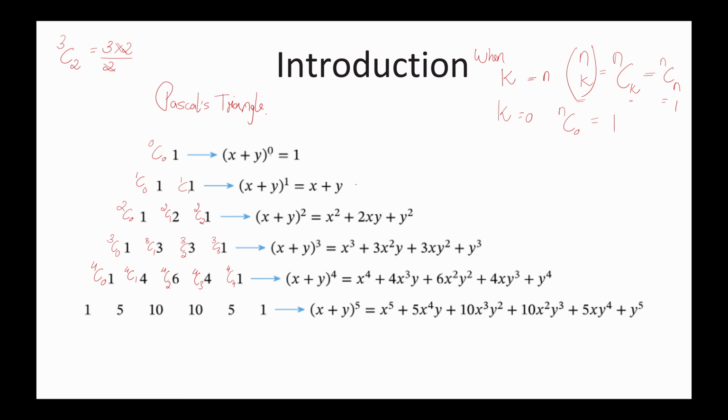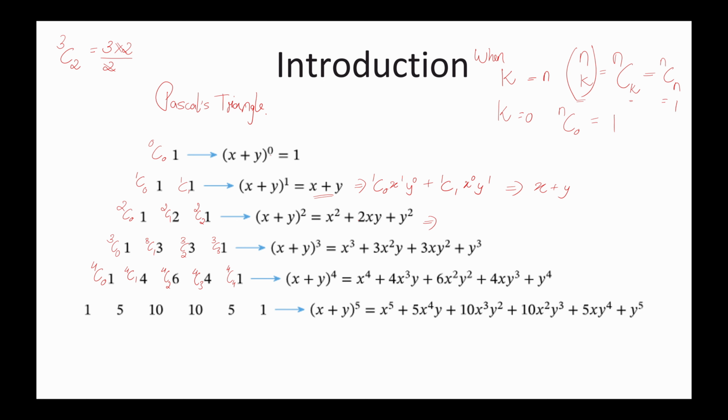So basically, if I was to expand this in the standard form of binomial coefficient, what would I write this down as? 1c0 x to the power 1 y to the power 0 plus 1c1 x to the power 0 y to the power 1. And if I simplify this, what is 1c0? It is nothing but 1, x to the power 1, y to the power 0 again becomes 1, so this becomes x plus y. So that is how we came to this conclusion.